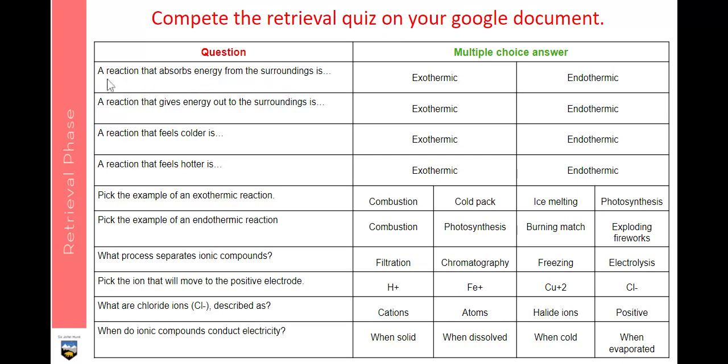So the first question should read, a reaction that absorbs energy from the surroundings is. So you need to pick, is it exo or endothermic? So pause this lesson video, go and complete the retrieval quiz, come back to the lesson once you've finished your quiz. Shouldn't take you any longer than 7 minutes.